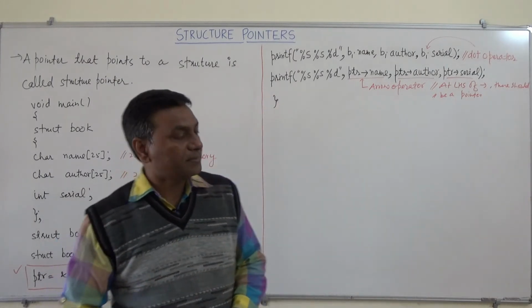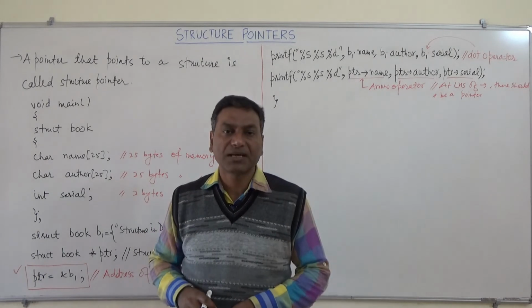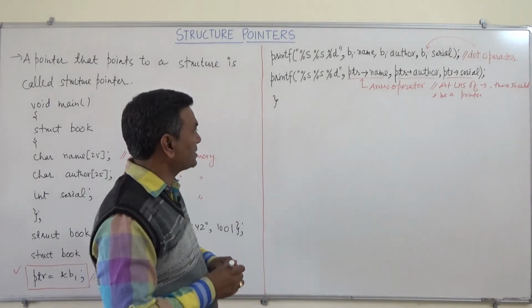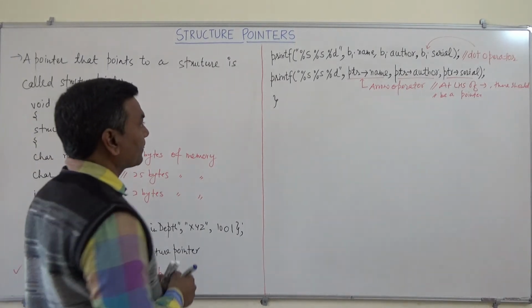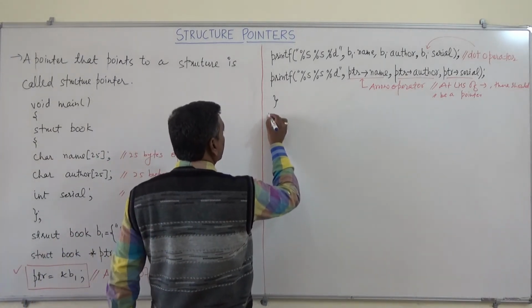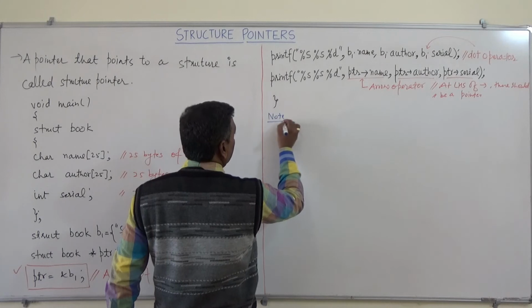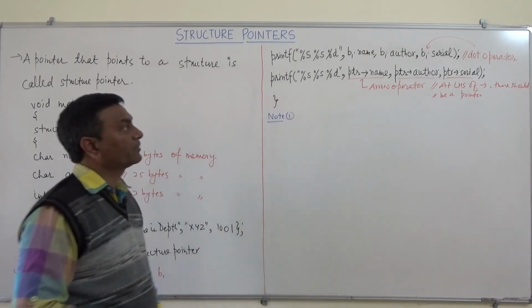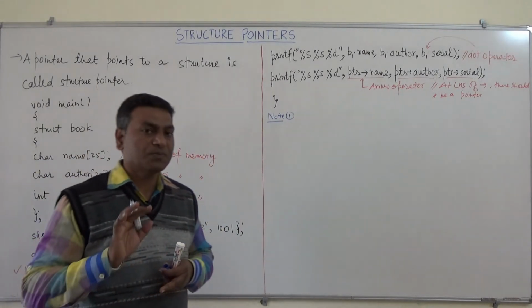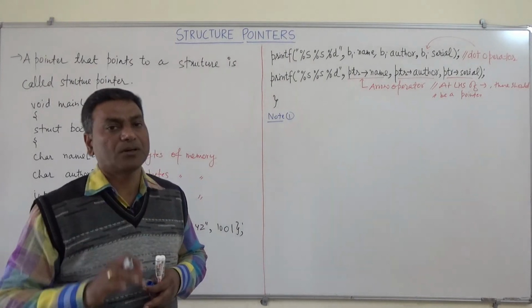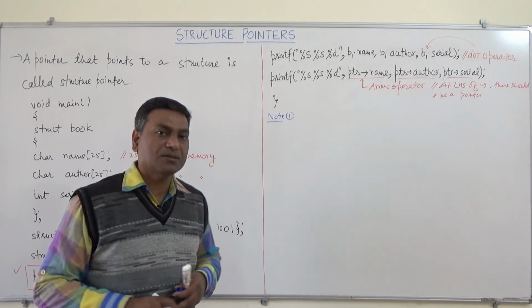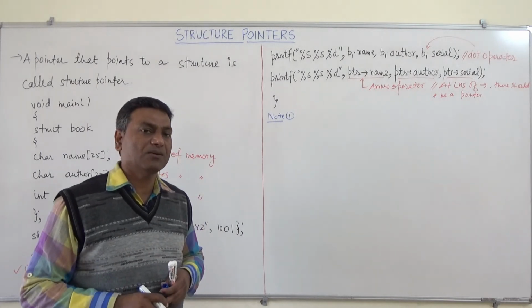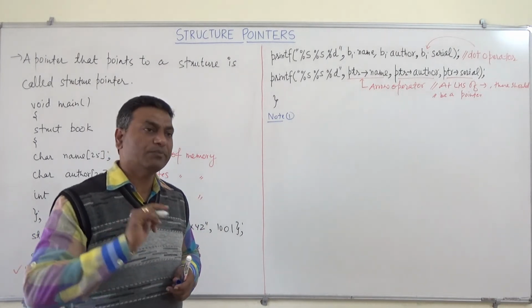So in this program two or three things are very important. The first thing to note here is that we cannot use the pointer along with the dot operator. If we want to access the members of the structure, then we cannot use dot with a pointer.